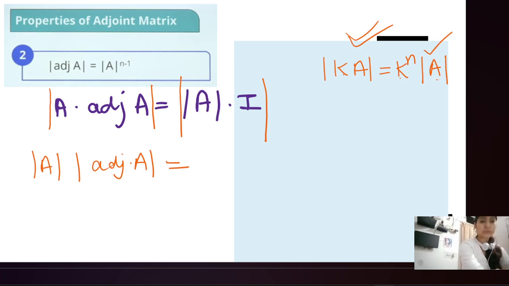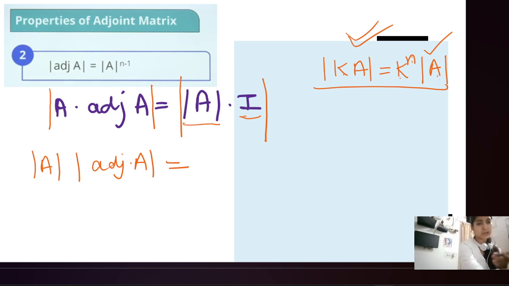If the order of A is 2, here n will become 2. If the order of the matrix is n, then it will become n here. We have already discussed this property in the fourth lecture, so we are going to use it here. So this is the determinant of A, right? And here this is the matrix I, and we know that a determinant is always a number, so we can consider it a constant quantity.